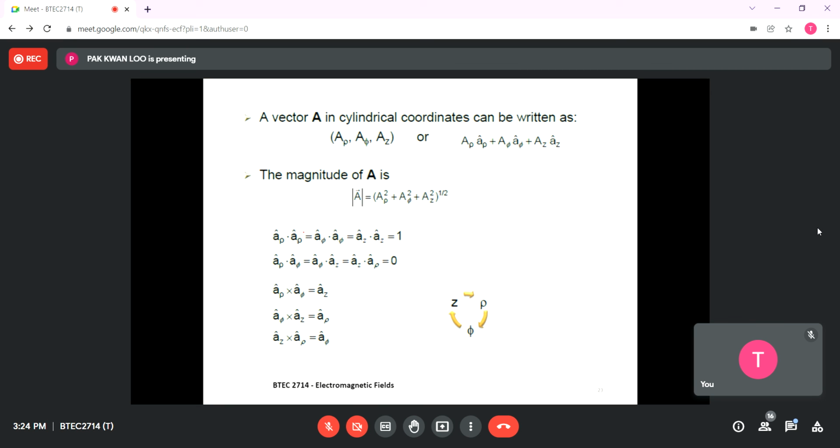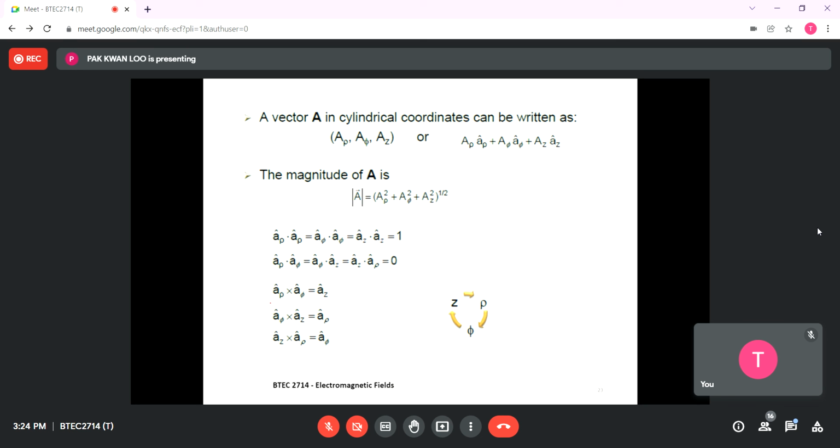Same case if we perform the dot product for the unit vectors rho, phi, and z. The dot product of a unit vector with itself is always equal to 1, while the dot product between perpendicular vectors, such as rho and phi, is going to result in 0.